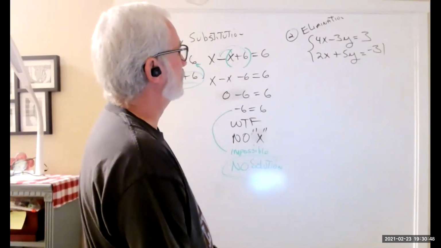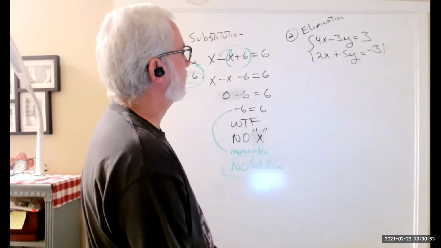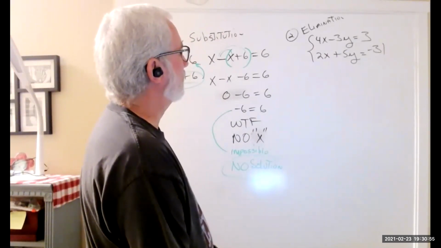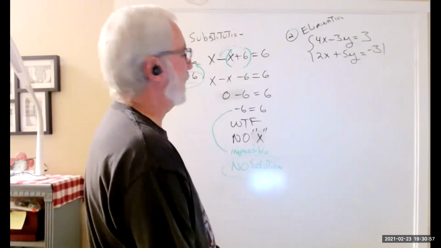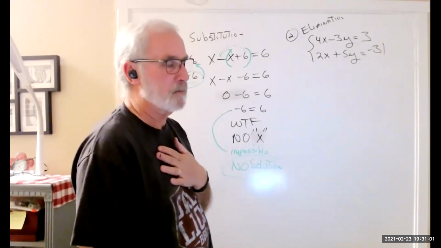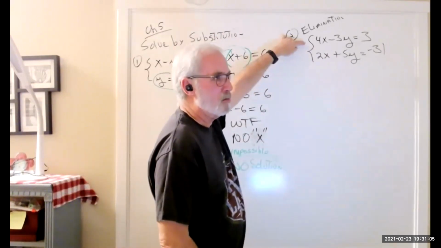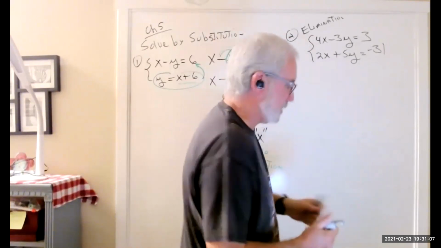I multiplied the bottom equation by -2. Okay, and to me, that's the easiest, laziest way to do this problem, because you don't have to mess with the top equation at all.